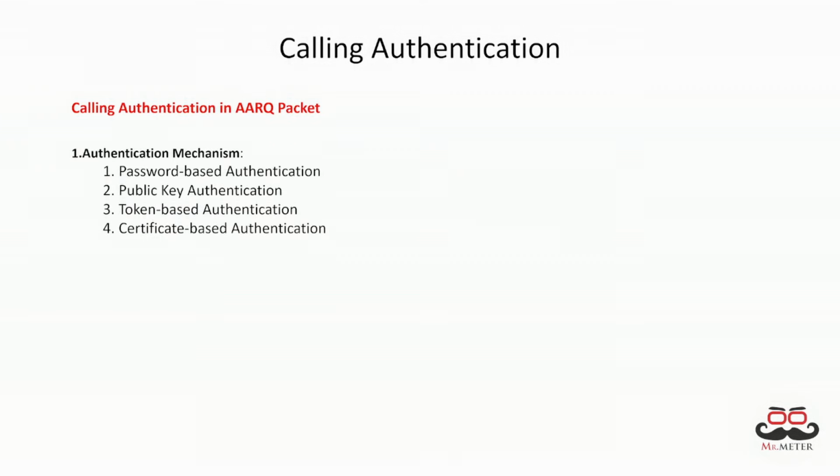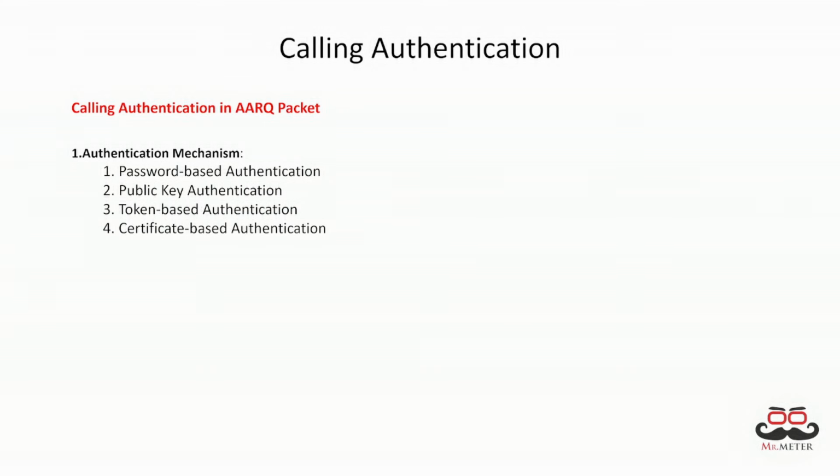The calling authentication packet actually contains, at the first part, the authentication mechanism, which we talked about earlier. This field specifies the method used for the authentication. Common mechanisms include password-based authentication, public key authentication, token-based, and certificate-based authentication.